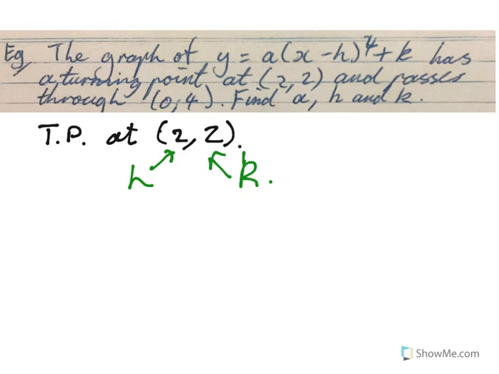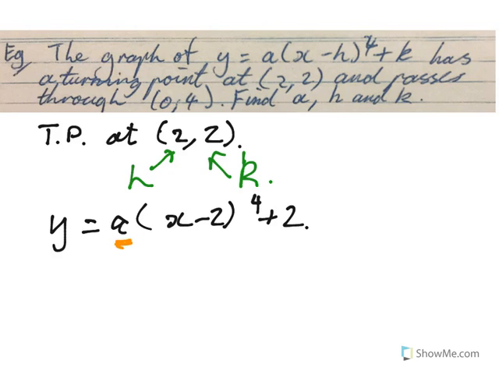So if we stick them in, what we know then is that y equals a (x minus 2) to the 4 plus 2. Then we've got this a here that we need to find, and we've been given a point.